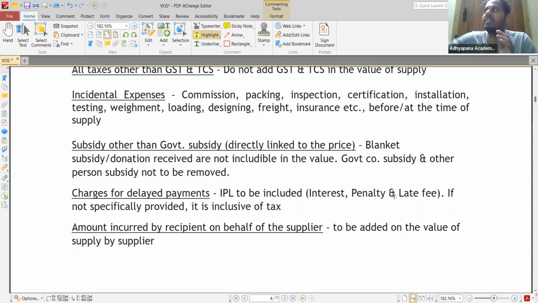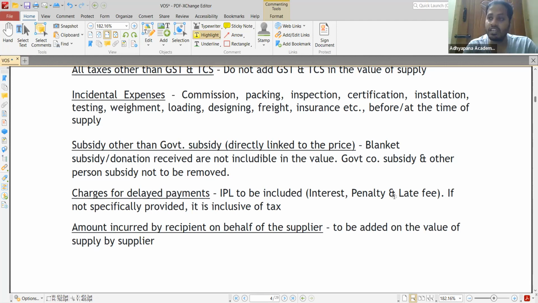The 10,000 is inclusive of taxes, so you have to pay the tax to the government. Assuming 10,000, 10,000 divided by 118 into 18 will give the value of tax, and if you multiply by 100, then you'll find the value of supply. Clear? So if I'm giving a credit period and the customer is paying a penalty, late fee, or interest, then that has to be added to the value of supply.